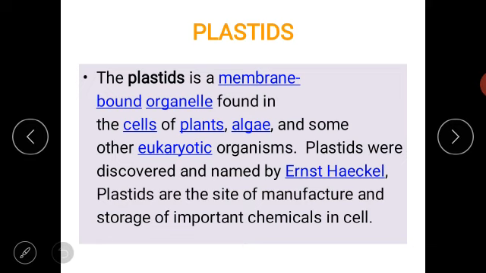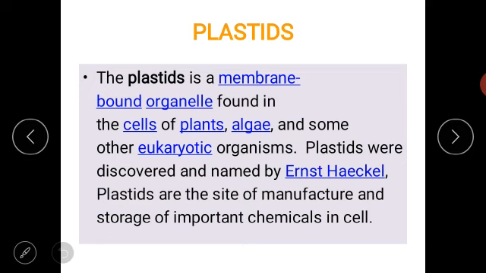Mainly it is found in the plant cell, but some algae and eukaryotic organisms also have plastids, and these three types of plastids have different functions. Plastids were discovered and named by Ernst Haeckel.